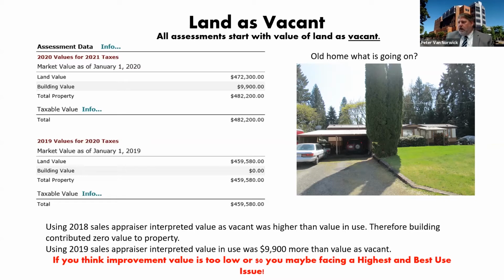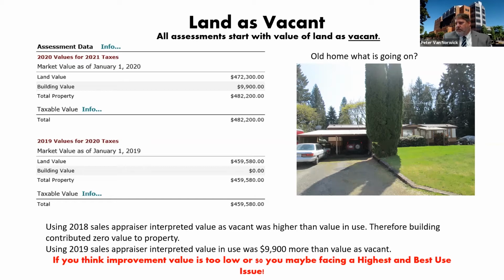So I just wanted to talk about a property that I found, over by Legacy Salmon Creek. I want to point out a situation: we have a land value of $459,580, the building value is 0, and so we have $459,000 on it.